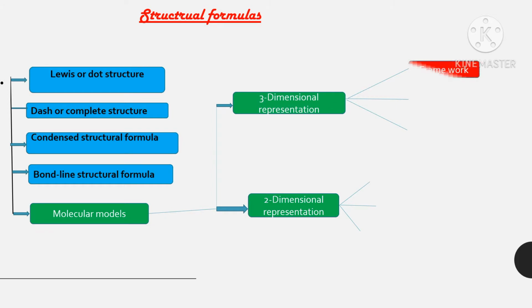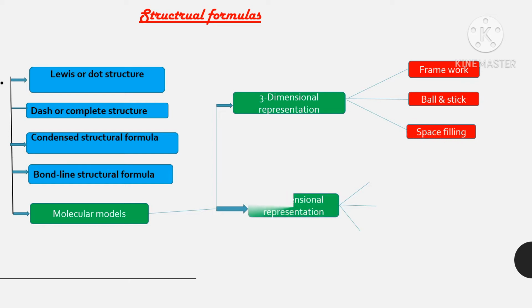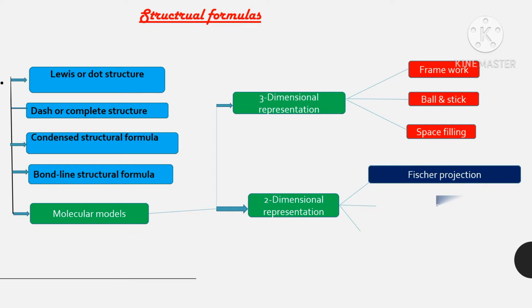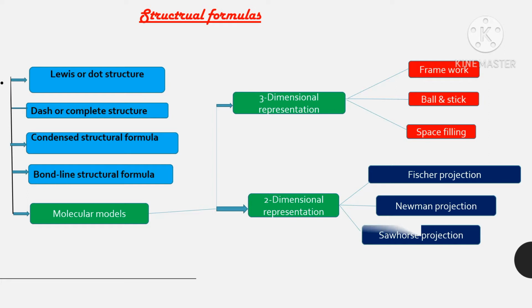Three-dimensional representations are again of three types: framework, ball and stick model, and space filling model. In two-dimensional representation, there are three types: Fischer projection, Newman projection, and Sawhorse projection. So these are the important structural representations.